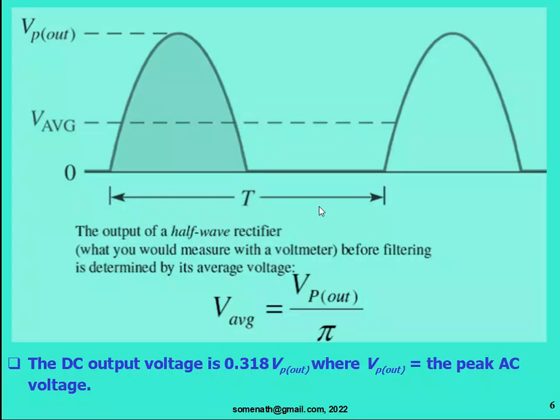You already did this derivation at your plus 2 level, so I am not going into detail. We have to consider 1 by 2 pi, from 0 to 2 pi, Vp into sine omega t dt. If we do this integration, the outcome will be Vp by pi. So this is the average voltage.